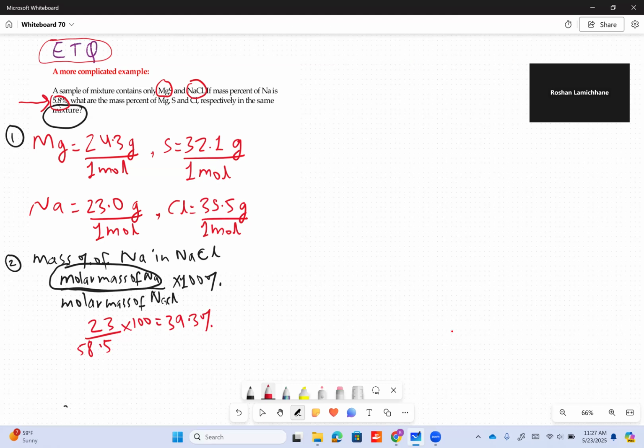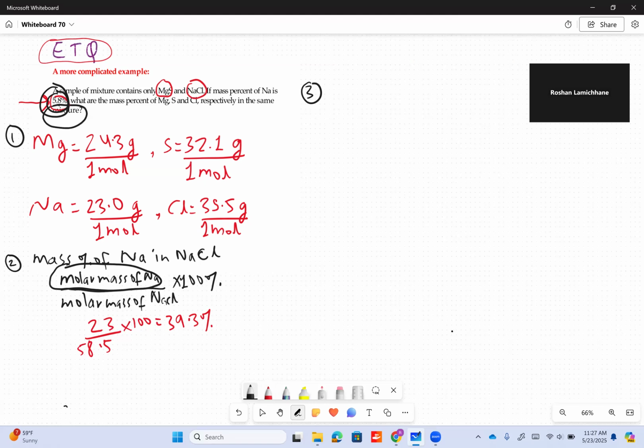Right? Now, the third step is where the students find it a little bit challenging to understand what's happening, right? What I'm going to use in my third step is this 5.8%, which is the percentage of Na in the mixture.